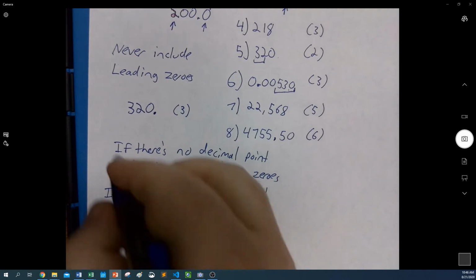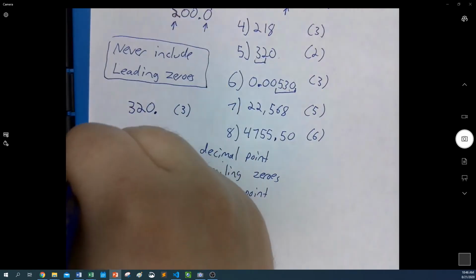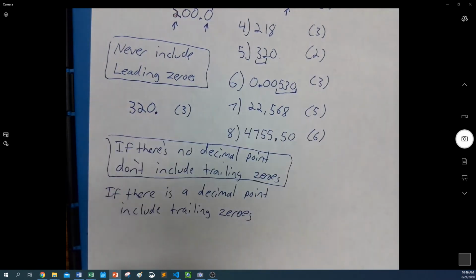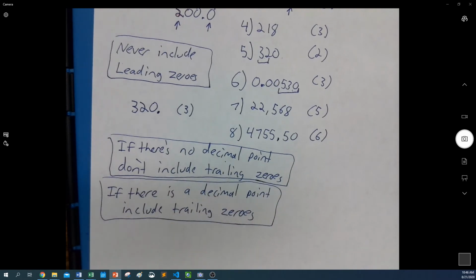And I think that can almost summarize your rules. Never include leading zeros. If there's no decimal point, do not include trailing zeros. And if there is a decimal point, include trailing zeros.